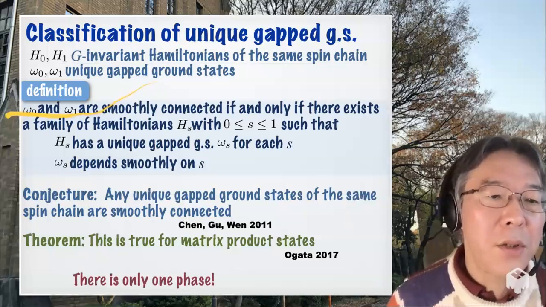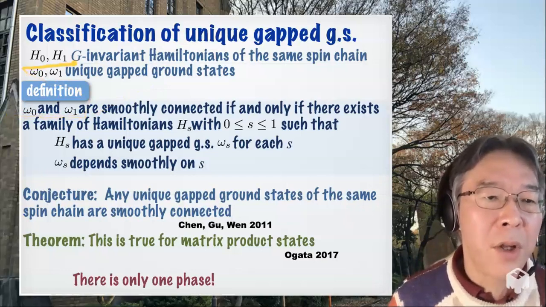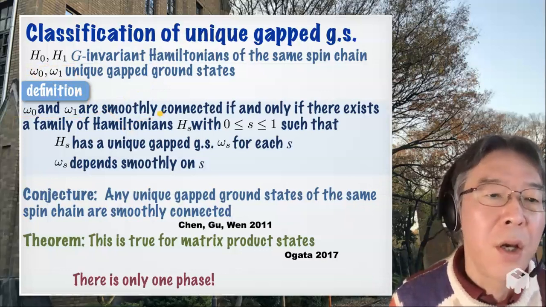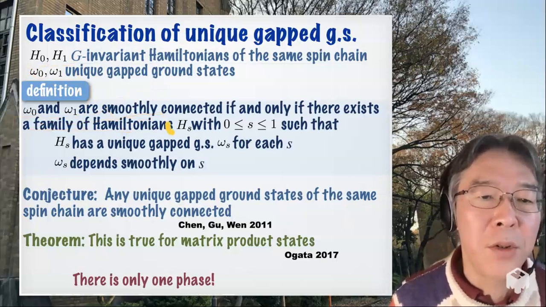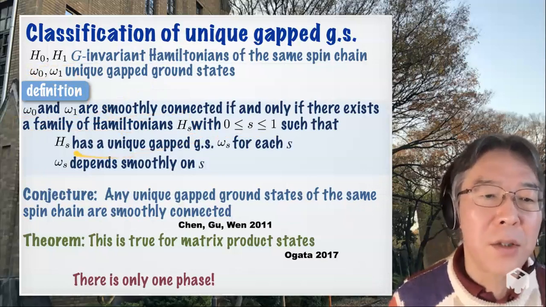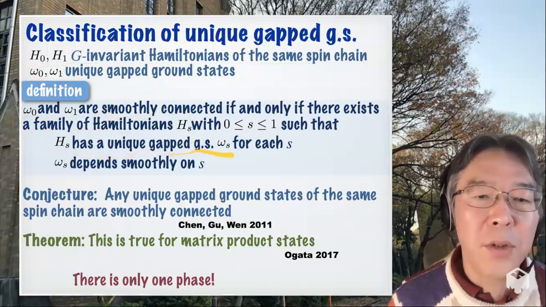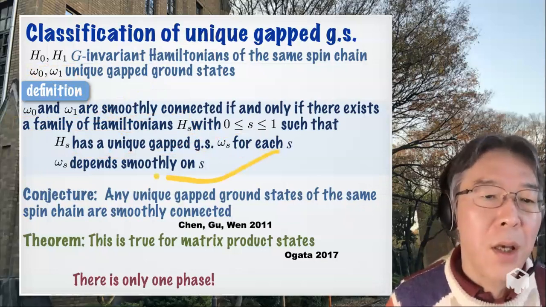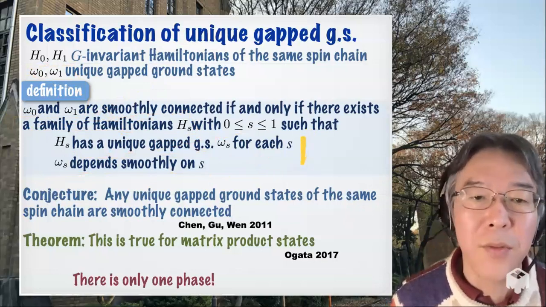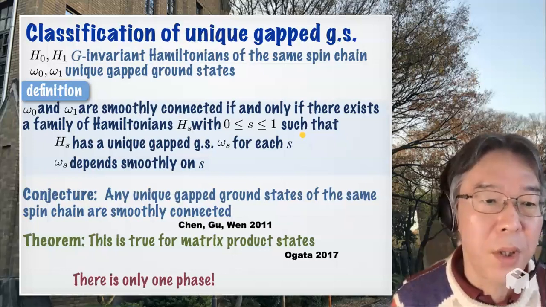We say that omega 0 and omega 1, or H0 and H1, are smoothly connected with each other if and only if there exists a family of Hamiltonians HS parameterized by S such that HS has a unique gapped ground state for each S, and omega S depends smoothly on S. Okay, I'm not being very rigorous in this definition. If you want to know the rigorous definition, please look at Yoshiko Ogata's paper.